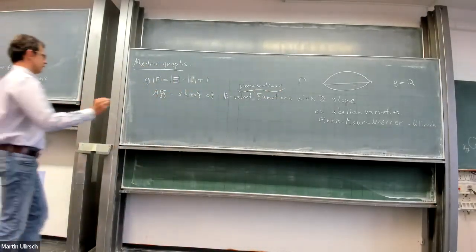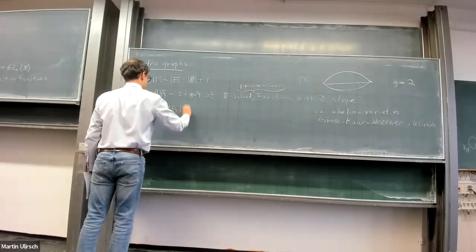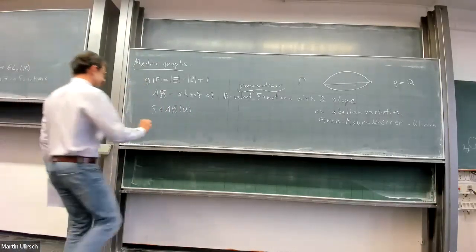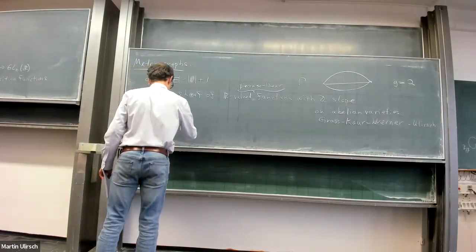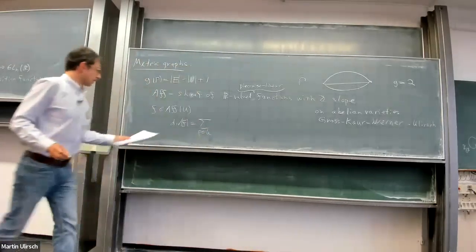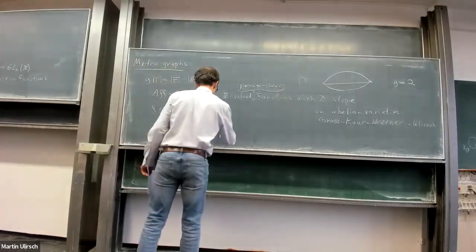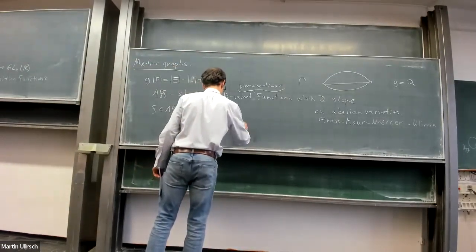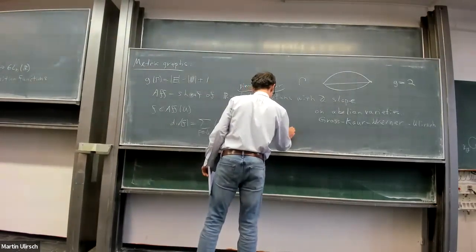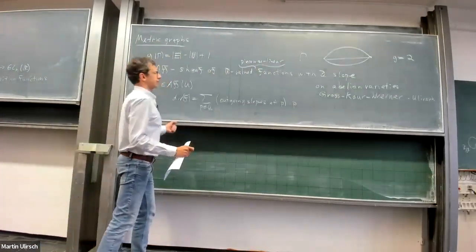If you have such a function defined on an open subset U of your metric graph, you can define its divisor as the sum over all points in U of the outgoing slopes at P times P. You could either take the incoming or the outgoing slopes; I'll take the outgoing slopes.